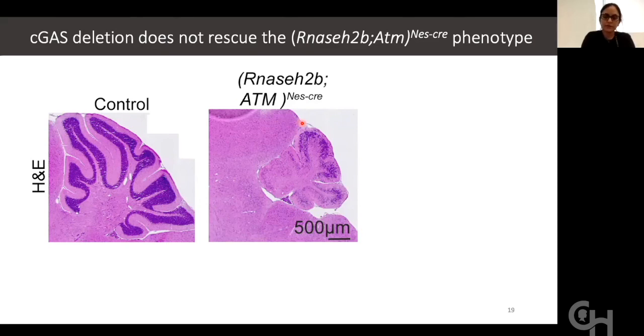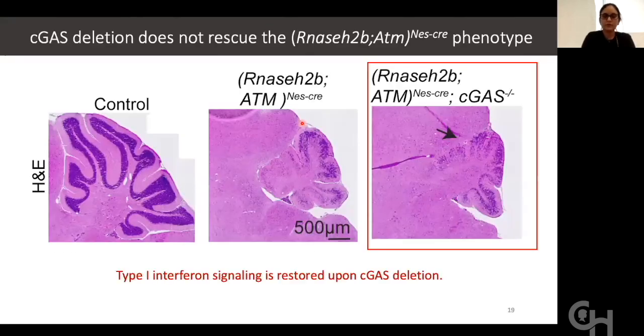Then we generated a triple knockout mouse where RNase and ATM are inactivated, and another component involved in type 1 interferon signaling, known as cGAS, is inactivated as well. We expected that if type 1 interferon signaling is involved, we should see rescue of the phenotype.